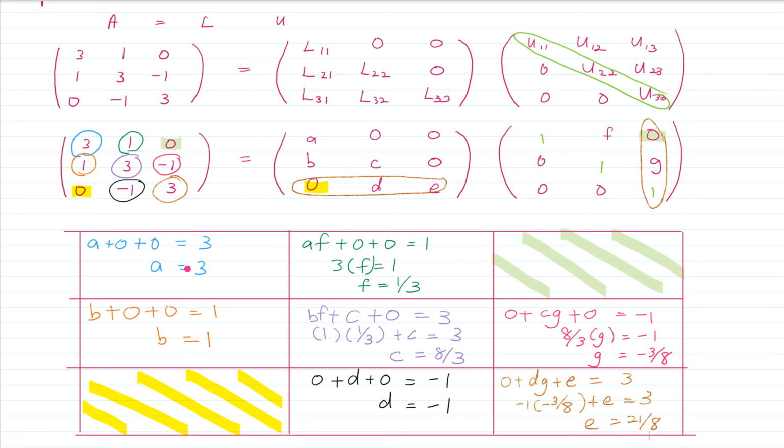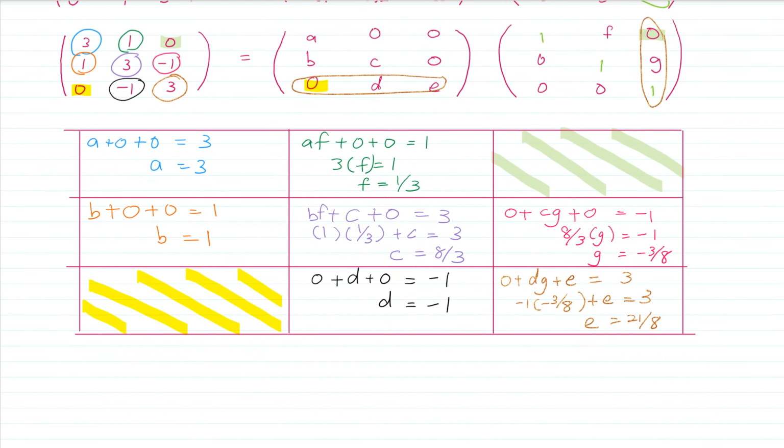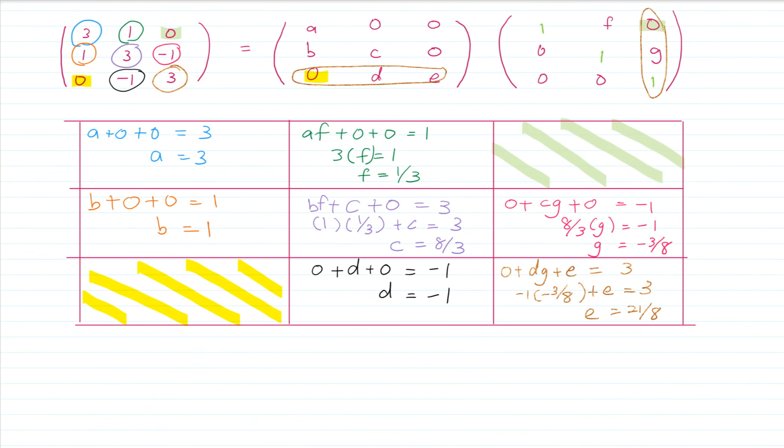Then substitute these values to the actual positions. So here is A, replace the value of A here, 3 into A. Rewrite the bottom: 3, 1, 0, 1, 3, minus 1.